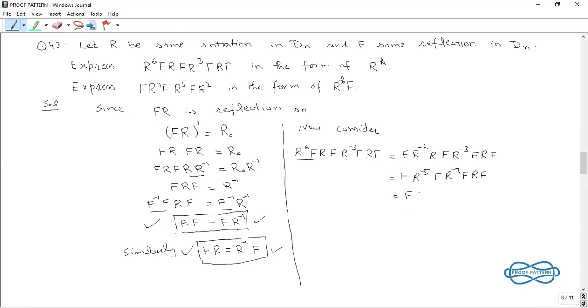It will be R^5 R^-3 and this one, and this will be identity.